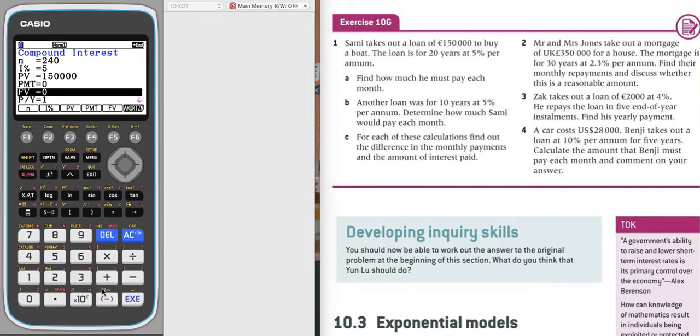And you're making monthly payments. Next one here is 12 for payments per year, and the compounding will assume matches unless you're told otherwise. So there you go, and we'll go to payment, and we'll get that, and it is 989 euros and 93 cents. That is correct according to the book.